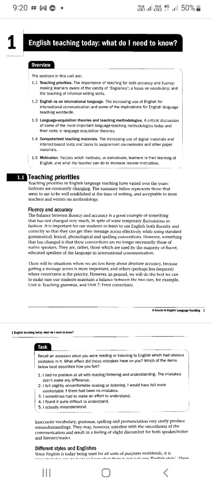Since English is today being used for all sorts of purposes worldwide, it is important for our students to know that there is not just one English style. There is in fact an enormous number of them.